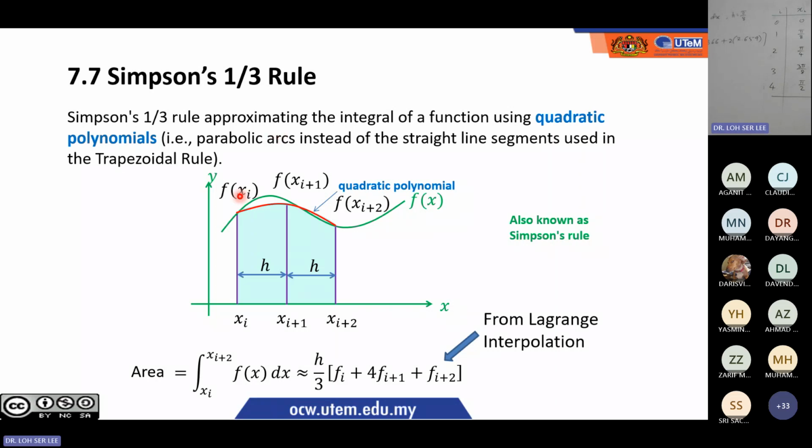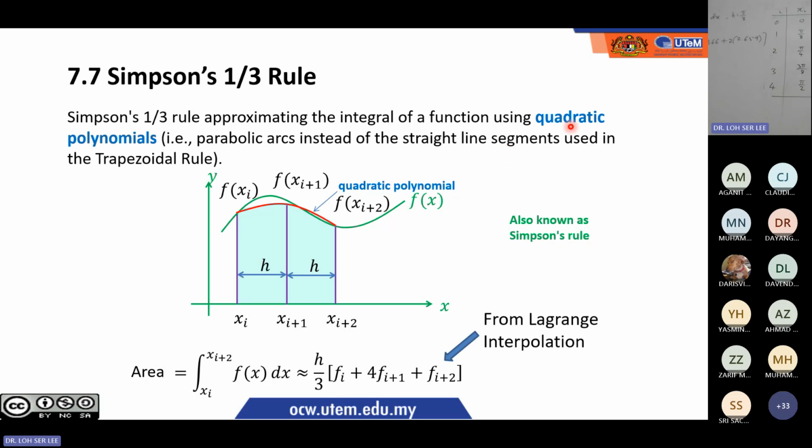Just now with the trapezoidal rule, we estimated the area under the curve by estimating the trapezoid area, right? But for Simpson's one-third rule, we are approximating the area under the curve by approximating a quadratic polynomial. Meaning that for this area, we have 3 points: 1, 2, 3.